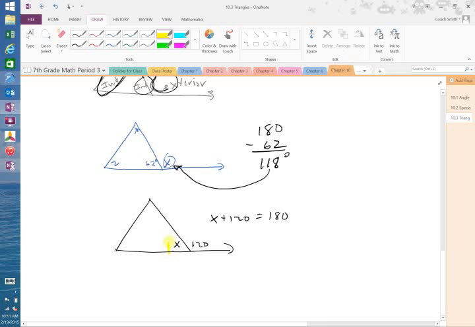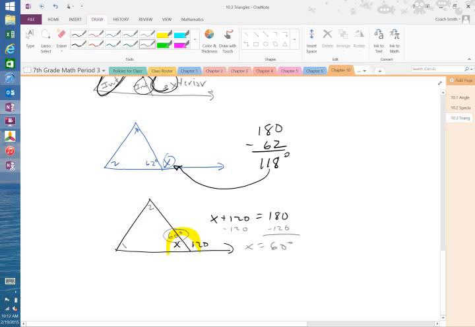In other words, this right here, the yellow, has to equal 180, and the two things in the yellow are the x and the 120. So you simply subtract 120 from both sides, and that will give you what x is, and it's 60 degrees.